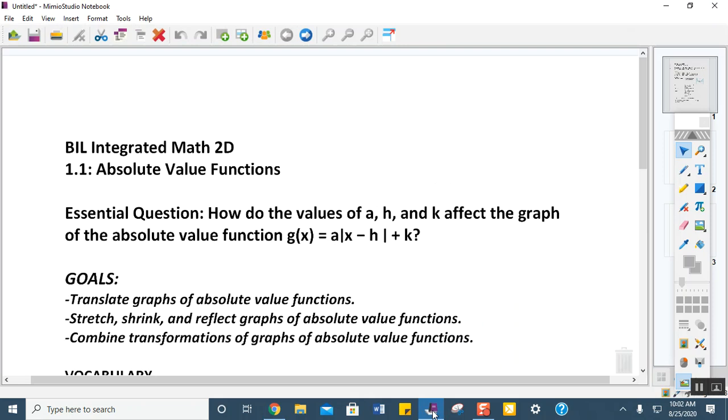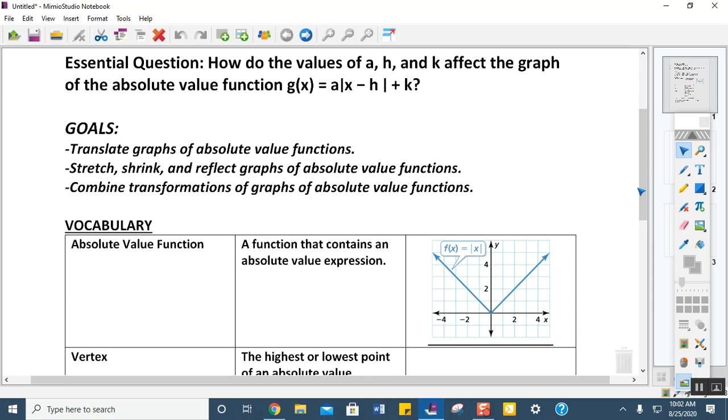So integrated 2D section 1.1 is titled absolute value functions, and the question we're trying to answer today is, how do the values of A, H, and K affect the graph of the absolute value function g of x equals A times the absolute value of x minus H plus K? I think the key thing to remember here is this.